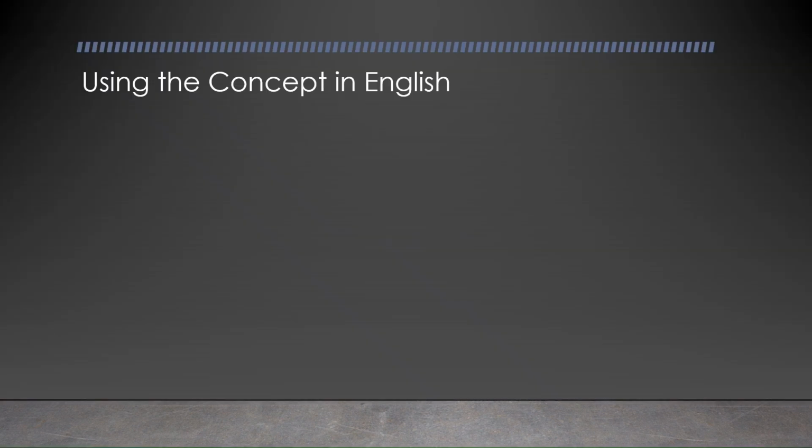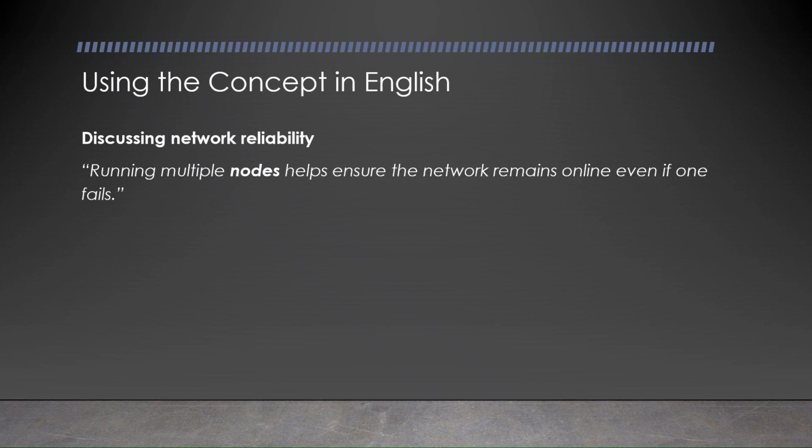Okay, as always, we're going to look at using the concept in English. So we can use this in English, for example, for discussing network reliability. For example, running multiple nodes helps ensure the network remains online even if one fails. In the English language, node is a noun, a thing, right?